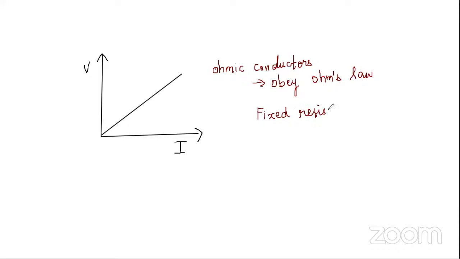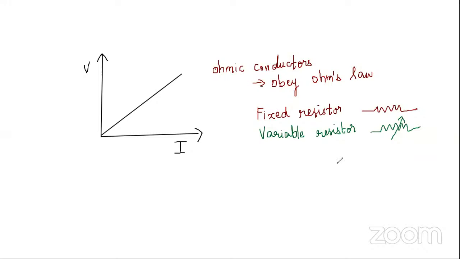And when you use a variable resistor, you put an arrow mark over the resistor. That means the resistance is variable.